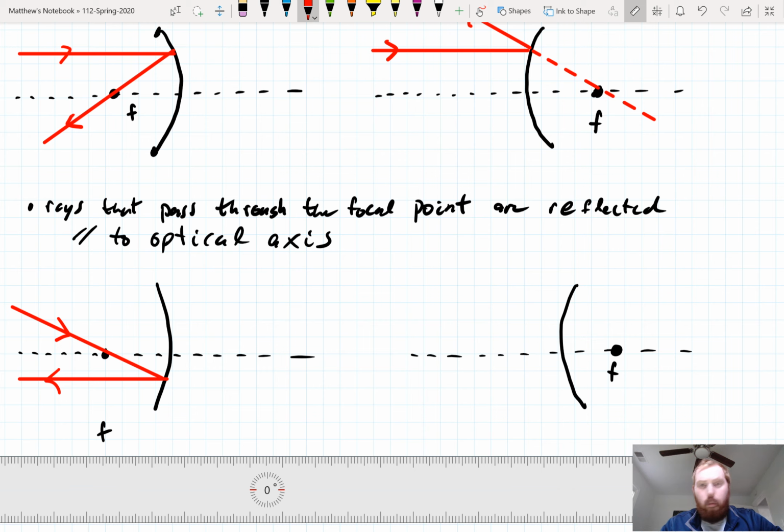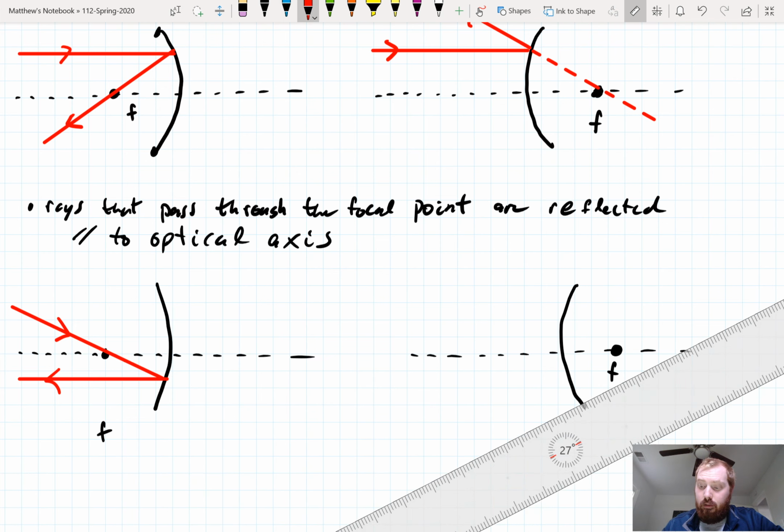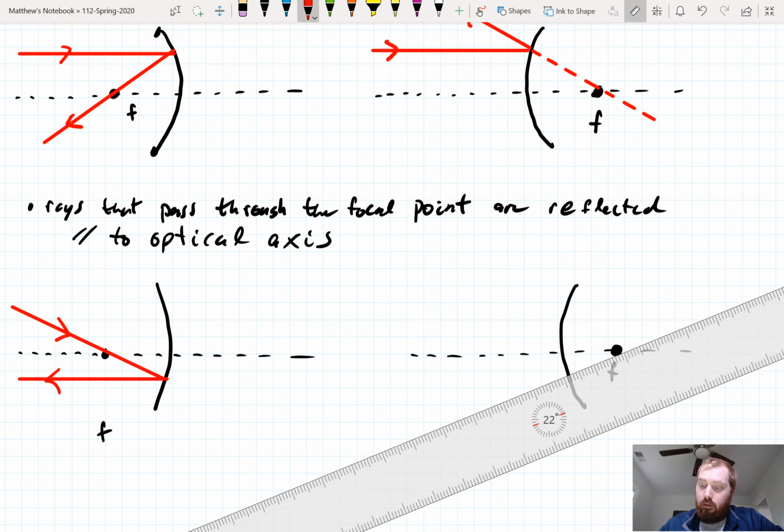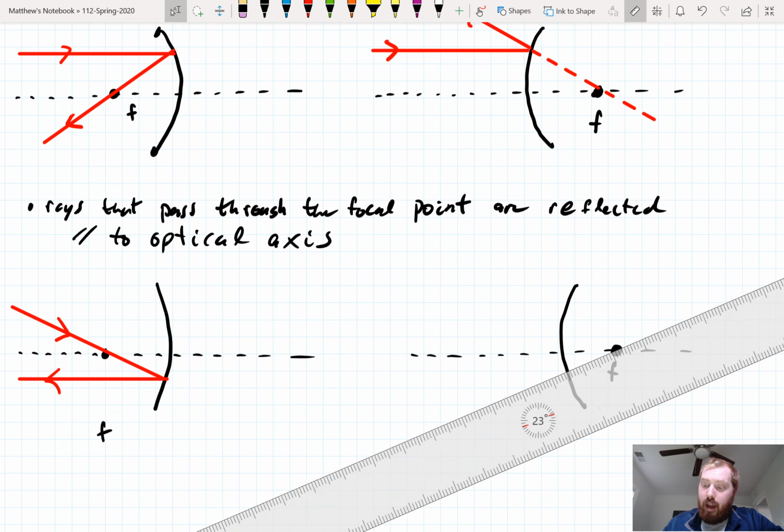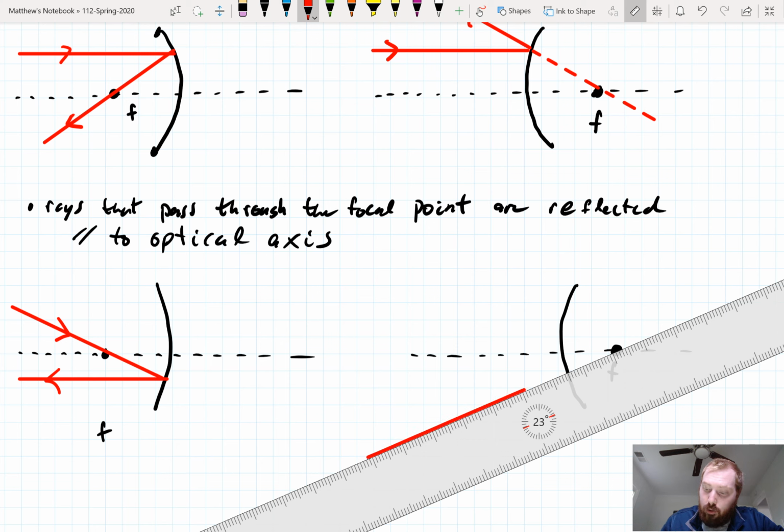All right. What does it mean to be aimed at the focal point for the convex mirror? Let's do a ray like so. Remember, the ray comes in aimed at the focus. It can't get there. It can't pass through the mirror.